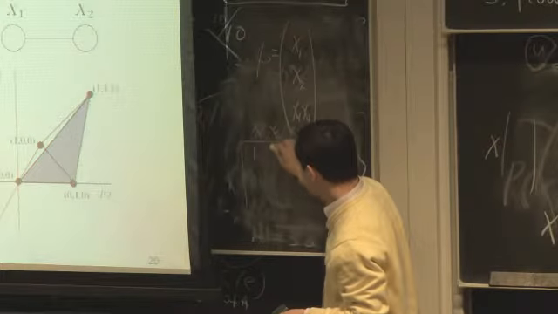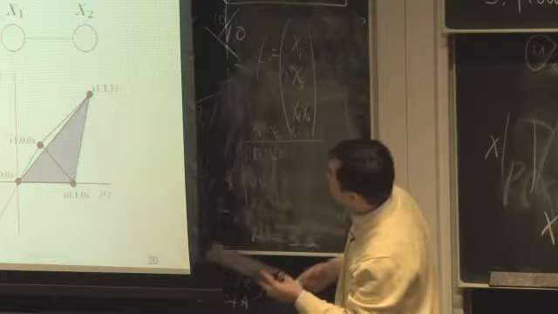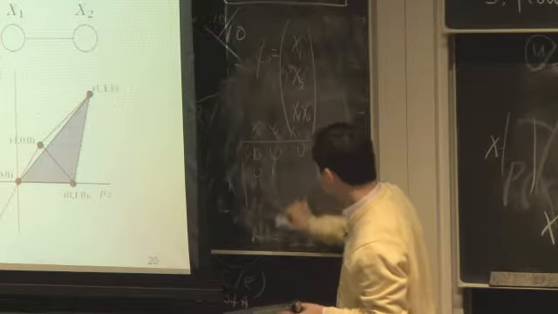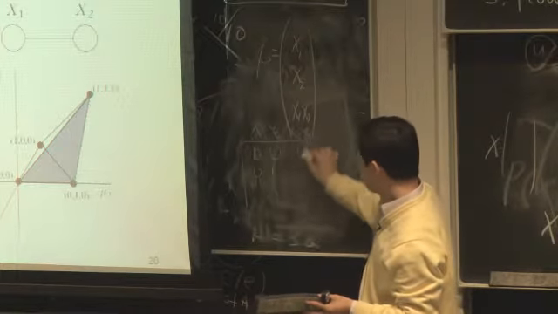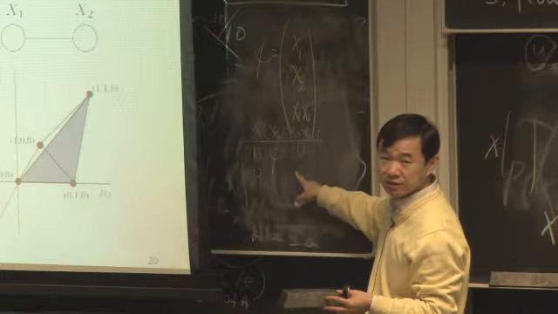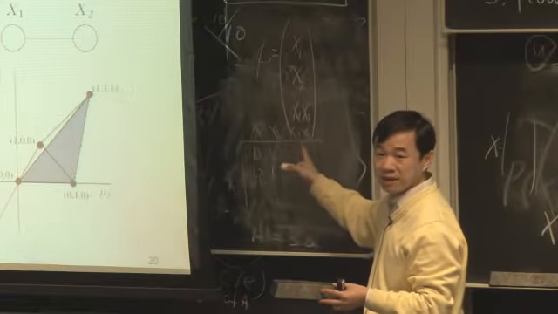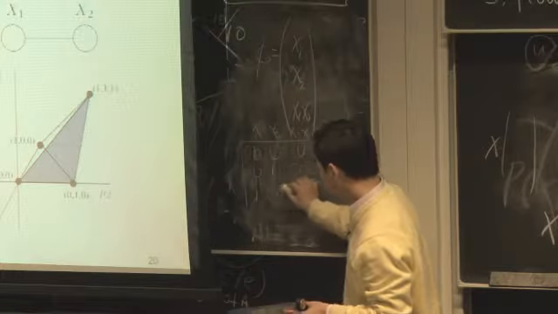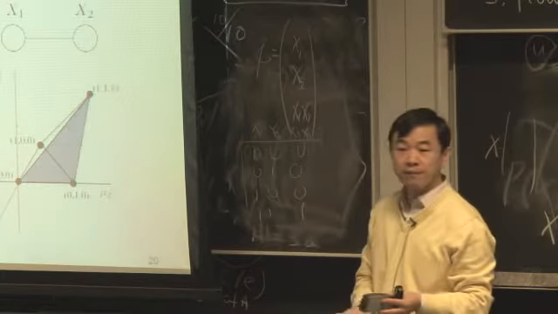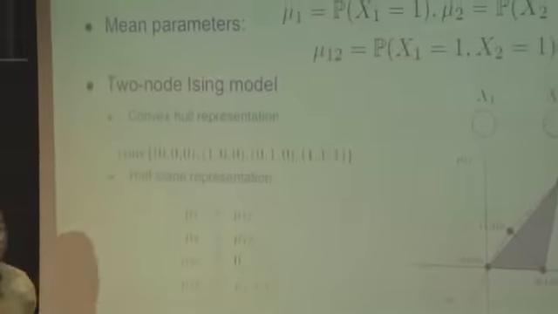You have 1, 0, 0, and by definition, that pair sufficient statistic should be 0. Then I have 0, 1, and what is the third dimension? Also 0, because by definition it equals x1 times x2. Then 1, 0, and 1, 1. So it is going to be the convex hull of these 4 vectors.